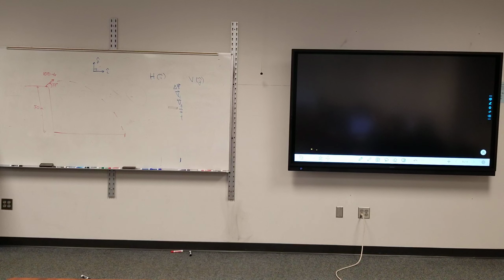All right, before we do anything else, what do we know? Vertical displacement. What's the vertical displacement? Negative 50. Give me the whole thing. Negative 50 J. Units. Meters, sorry.